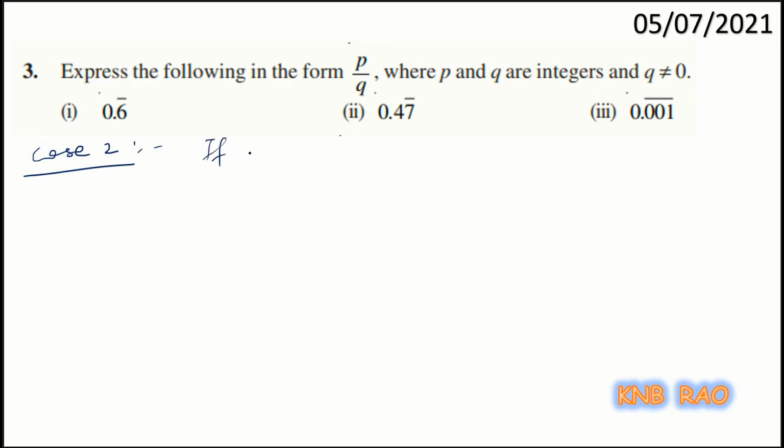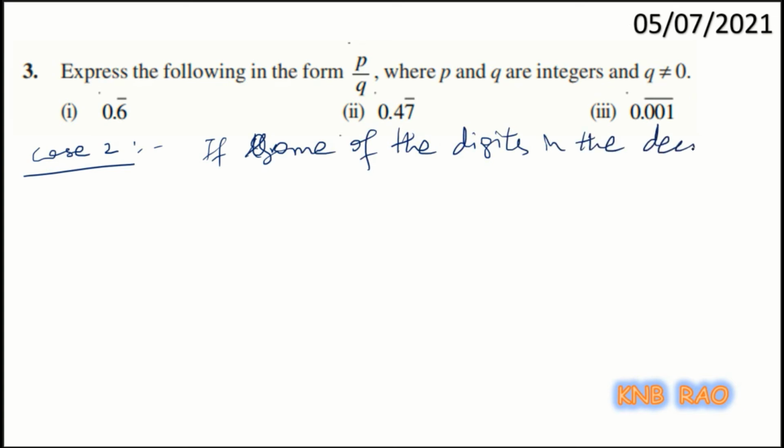If the sum of the digits in the decimal portion are not recurring. So, what to do in this case?